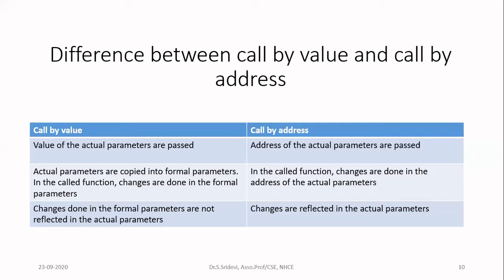In that case, you can use the explicit return statement in your program and return the answer. In that case, you can go for call by value. That we will see in detail later. So now try to understand that when you go for call by address, whatever changes you make in the called function will be reflected in the calling function also.